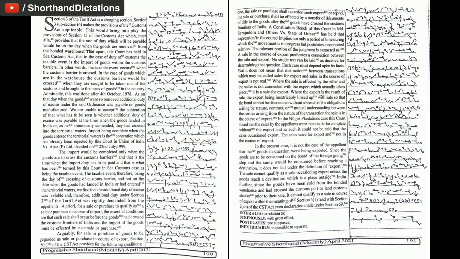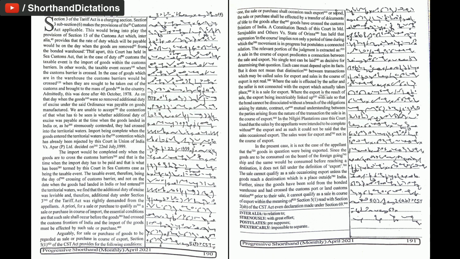Arguably, for sale or purchase of goods to be regarded as sale or purchase in course of export, section 5(1) of the CST Act provides for the following conditions. 1. The sale or purchase shall occasion such export, or 2nd, the sale or purchase shall be effected by a transfer of documents of title to the goods after the goods have crossed the customs frontiers of India.